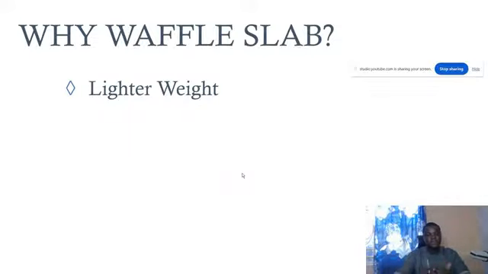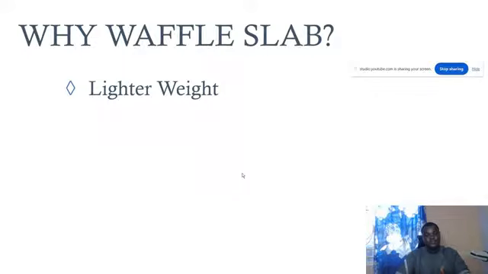So if your waffle slab has an overall depth of 300, comparing that with another solid slab or flat slab of the same thickness of 300, the waffle slab is going to have a lighter weight, because in the construction of waffle slab we've removed a considerable amount of the concrete and made it void.